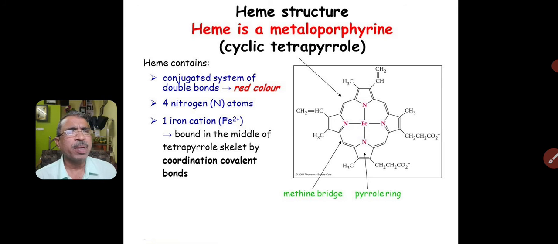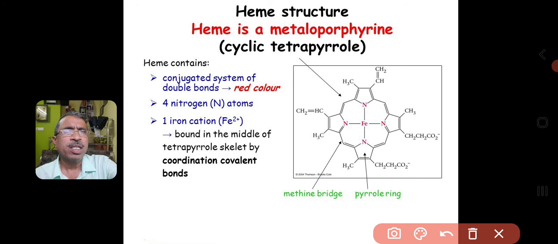In this structure, these are the pyrrole units, and these are the tertiary nitrogens, and this is a secondary nitrogen. This is how they are linked with each other and form a heme.